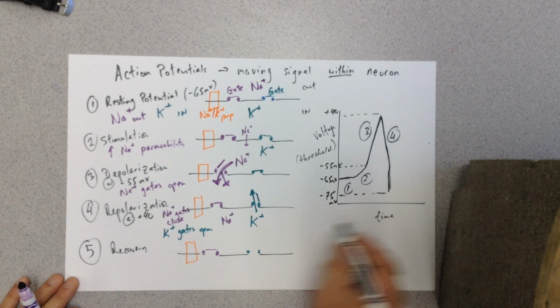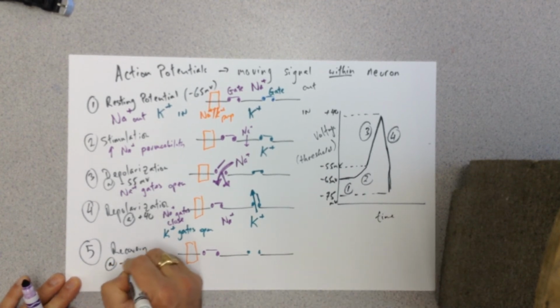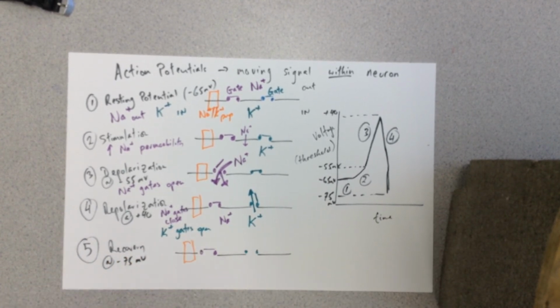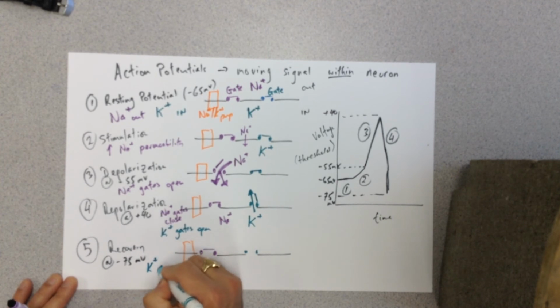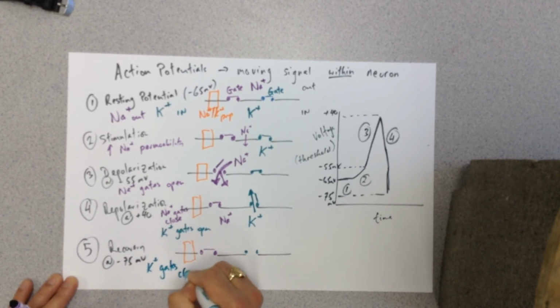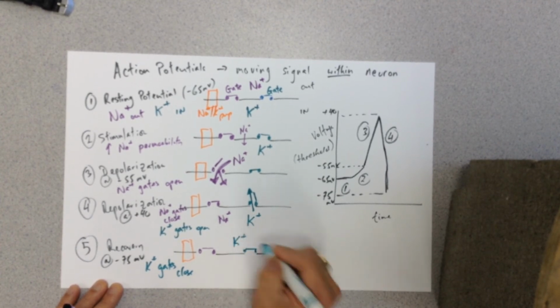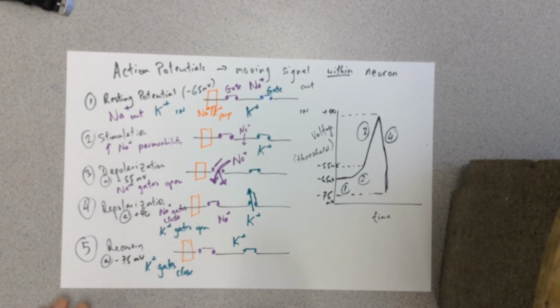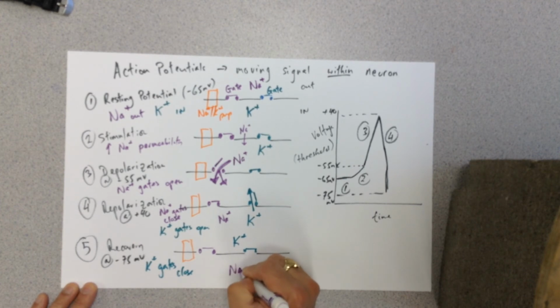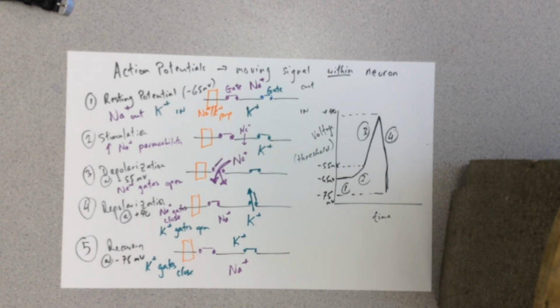When we hit -75, the potassium gates close. So now we have two gates closed, but we have a problem in that potassium is on the outside and sodium is on the inside. The ions have flipped positions from where they were before.